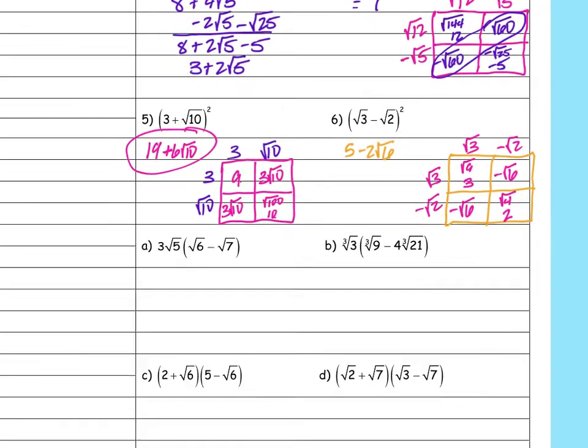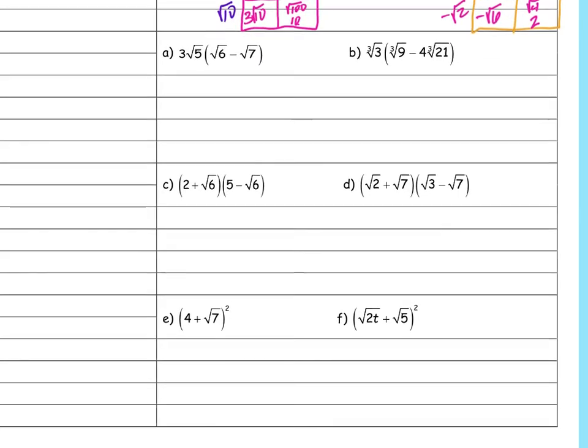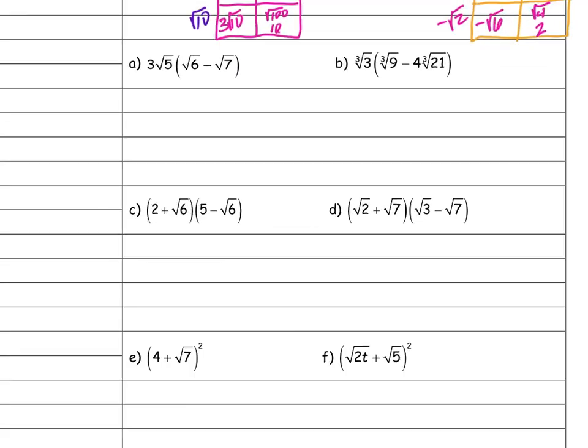Okay, so let's have you guys do, there's 6 problems here. What is A? A is 3 square root of 30 minus 3 square root of 35. And B is 3 minus 4 root 3 of 63.